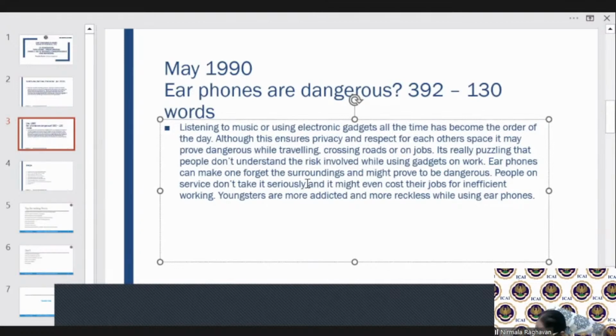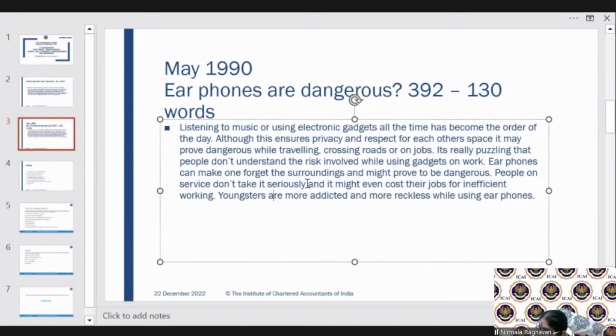Can you suggest 2 sentences that I can add? Rough draft can be, more or less. Yeah, this iPod. Yes, Ritu, you're right. I've forgotten that. Yeah, earphones should be used properly.